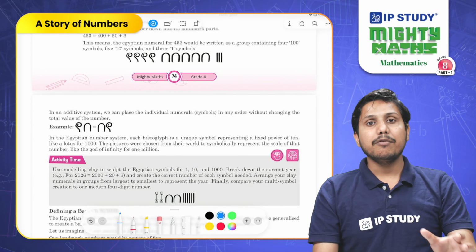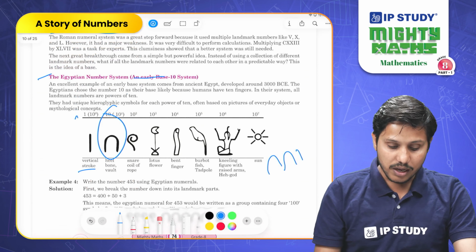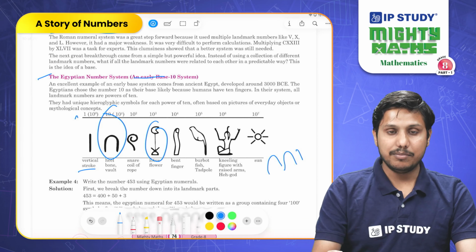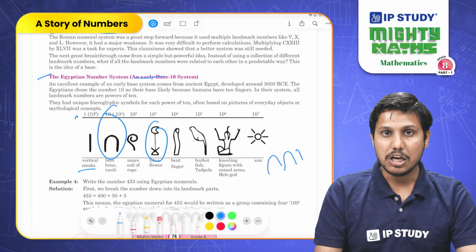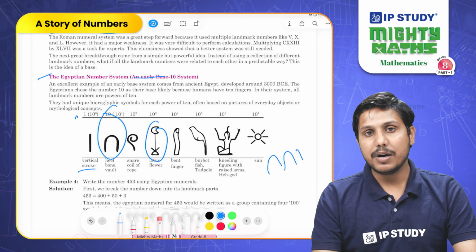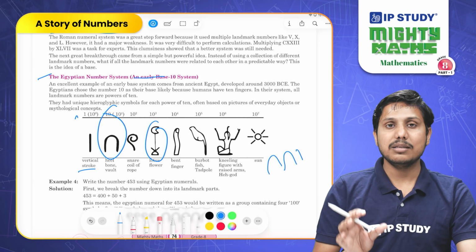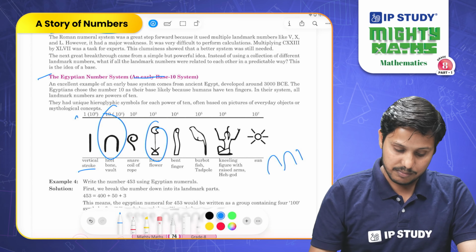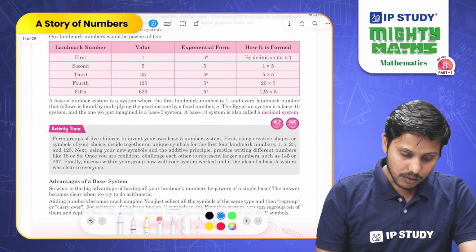Like for 5000 we have to use this symbol 5 times, which is the lotus flower symbol. So this is quite easier than the other method, but it also requires a large number of symbols to represent bigger numbers.